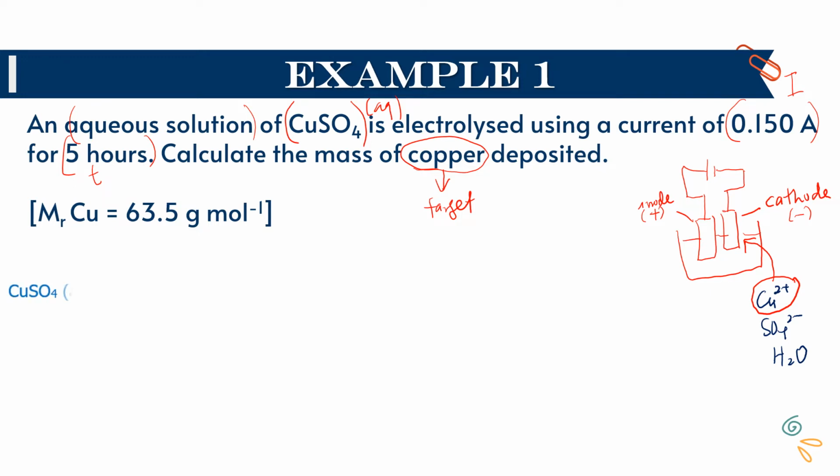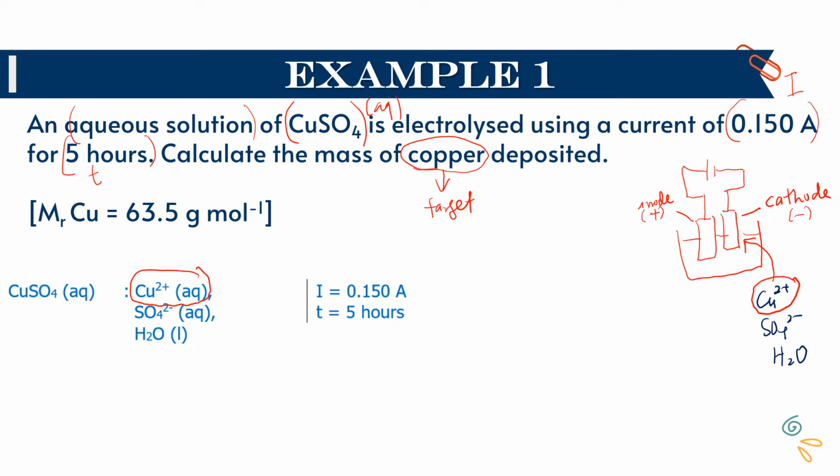Okay, jadi, maklumat tadi yang saya keluarkan, copper sulfate aqueous. Okay, so copper 2+ aqueous, SO4 2-, H2O. So, tadi kita dah tentukan target kita adalah copper 2+ aqueous dan kita akan fokus hanya pada cathode sahaja. Kemudian maklumat lagi tadi, saya dah keluarkan current 0.15 ampere.